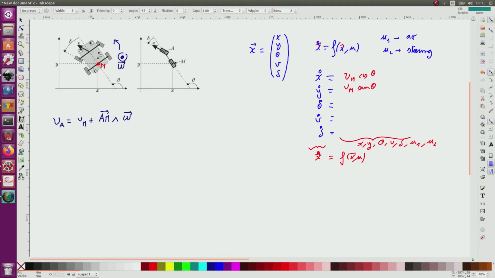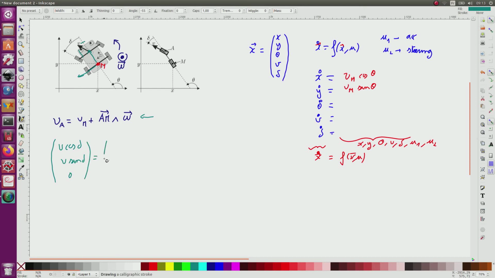The frame of the car is like this, and I will represent this formula in this frame. So for the speed of point A, I will obtain here the cos and sine: v cos delta, v sine delta, and here 0 since I have no components on the third direction. I have a planar model.